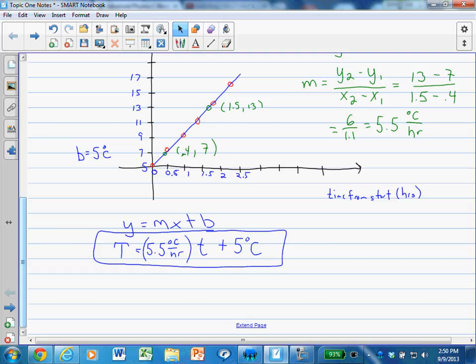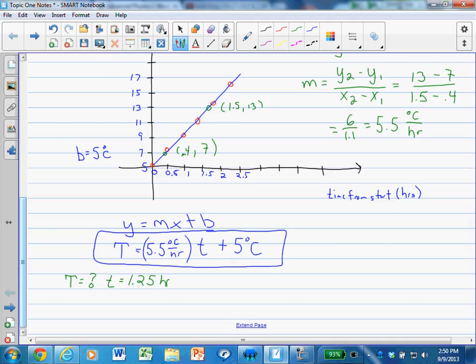So let's do some interpolation within our data. So that means, what might be the temperature? We could say, what is the T at time equals 1.25 hours from start?